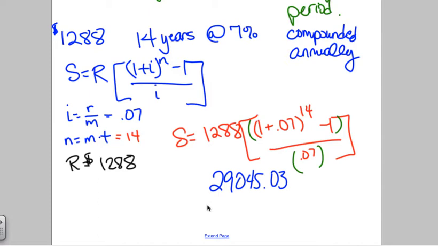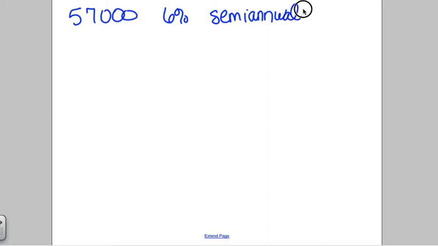Okay. What if my question is asking for find the amount of each payment? That is solving for my R value. So what if I now have, this is number 39, $57,000, 6% compounded semi-annually, for 8.5 years.